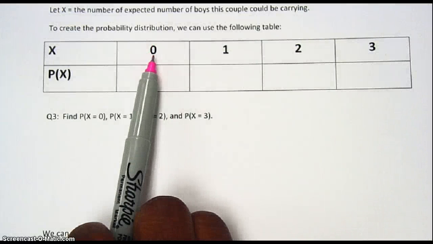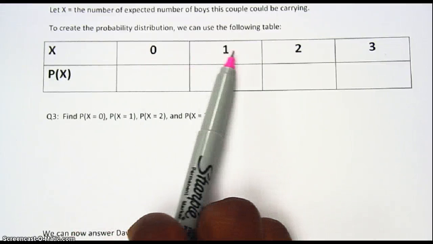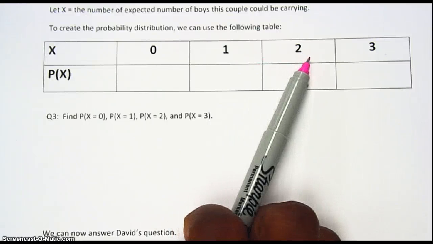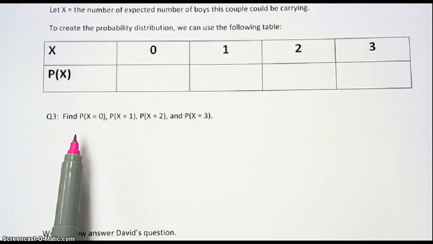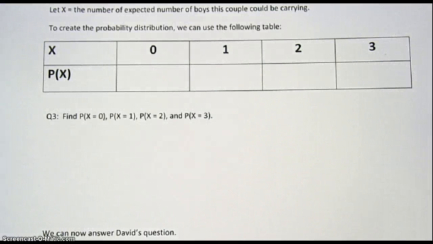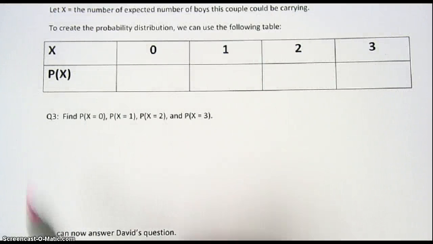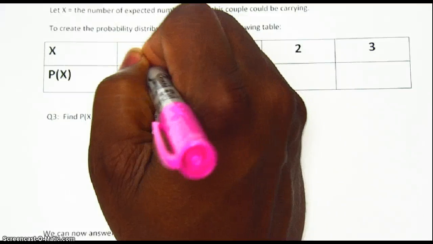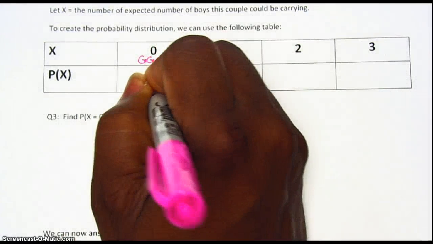So, out of 3 children, triplets, the couple could have no boys at all, 1 boy, 2 boys, or 3 boys. So we're going to use the sample space that we just saw and look at the probability of each of those occurrences. Now, the couple will have no boys if the outcome is girl, girl, girl. And the probability of having girl, girl, girl is 0.125.